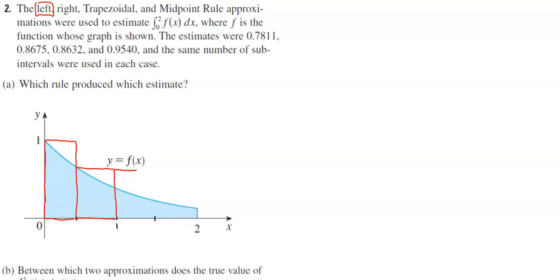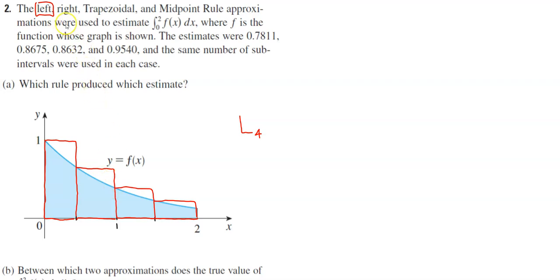There's the next one here, and then there's the next one there, and therefore you can see what the left one estimates. So you can see here that the left is going to overestimate on this particular function. We're going to write L4 here because it's 4 subintervals and we're looking at the L4.